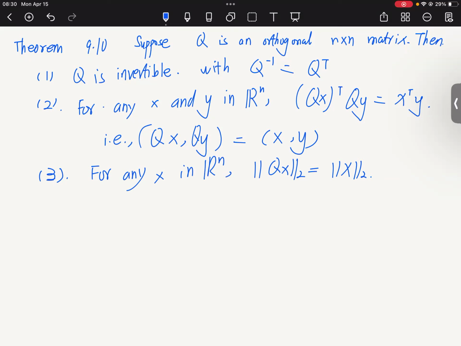Could you give me one example of a Q matrix? Identity, yes, you're right, because it would not change the norm of the vector. Do you have any other idea? Consists of the eigenvectors.